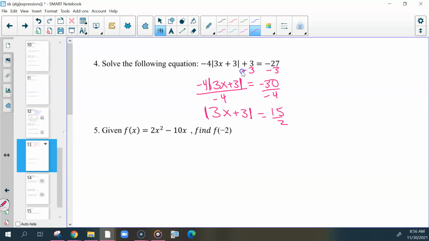The absolute value sign is not by itself, so we can set the inside equal to a positive and negative version of that. And then solve both. So subtract 3 on both sides.